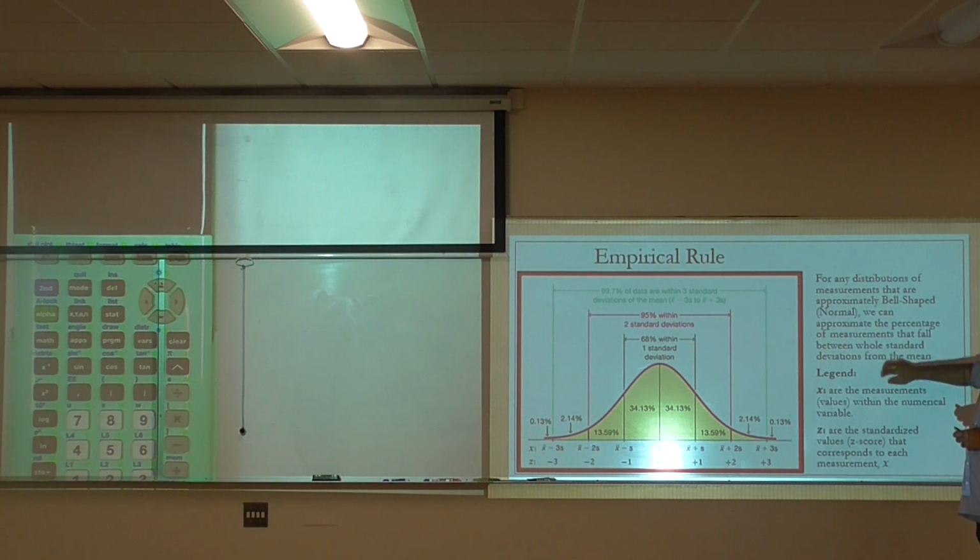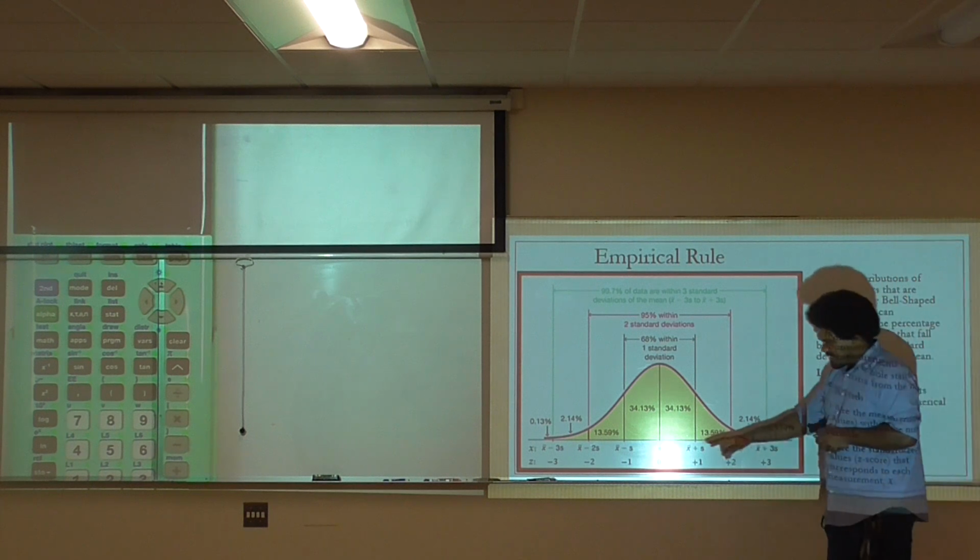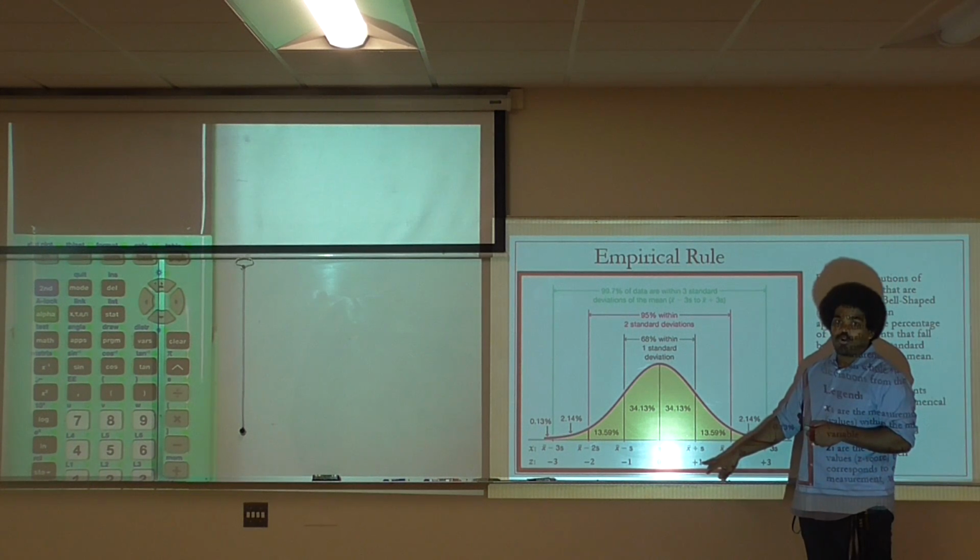The legend we're seeing here is that whenever we see the x, we're talking about the measures, the values within the numerical variable. When you see the z's, those are the corresponding standardized values, also referred to as z-scores, that correspond to each of the measures in x. If I'm 1 standard deviation to the right of the mean, I'm at z-score 1.